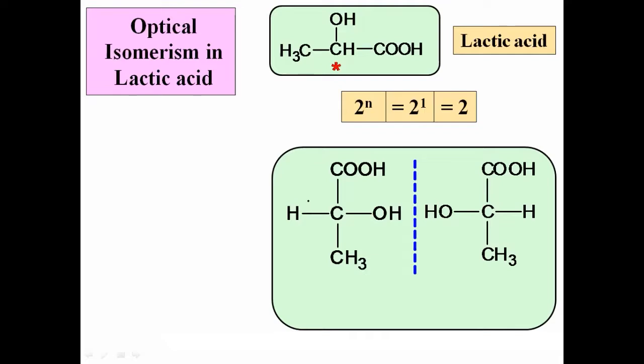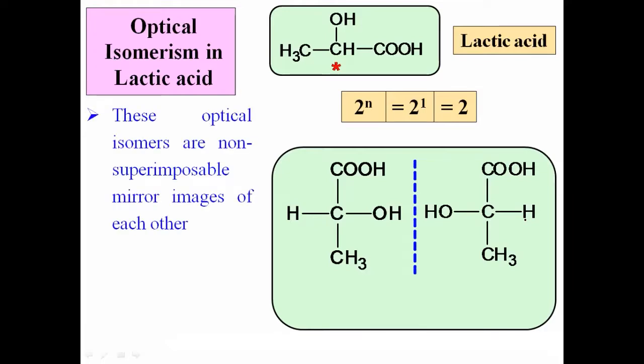Okay, the hydrogen here would come on the OH, and the OH here would have the hydrogen from the other side. Means they do not match with each other, and therefore they are non-superimposable mirror images of each other, and thus those stereoisomers of lactic acid are optical isomers. They are optically active and non-superimposable mirror images of each other, and hence they are called enantiomers.